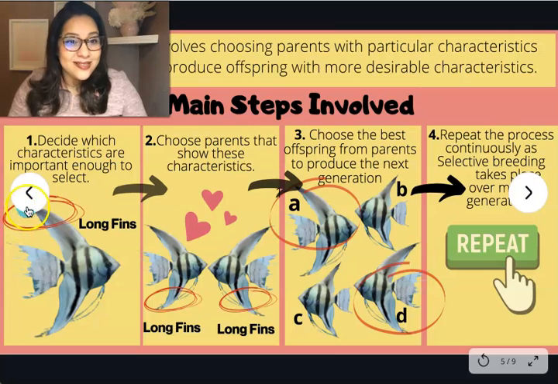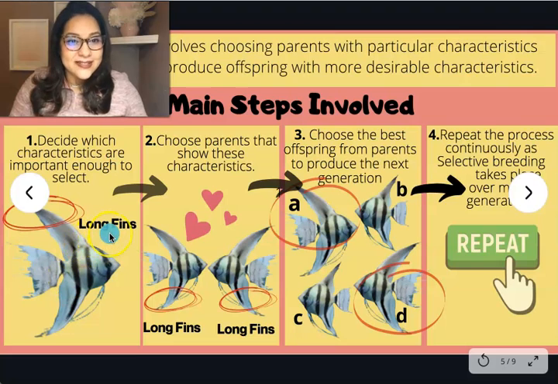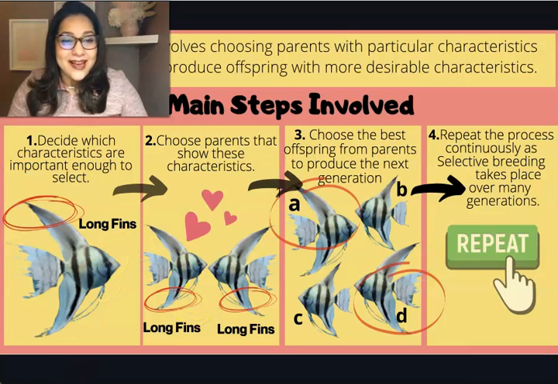Step 1 in this process would be to decide what characteristic is important enough to select for. So in this situation, I want angelfish that have long fins. And so the second step is choosing parents that have this characteristic. In this case, long fins, right? And so you're going to breed these parents.